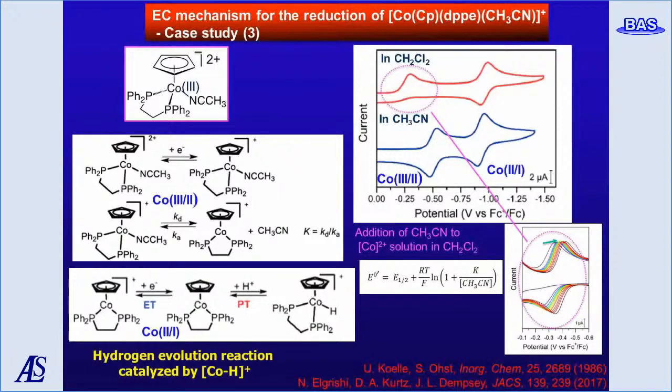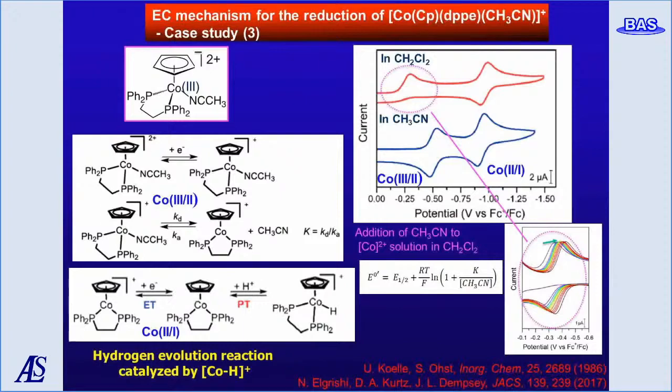The second reduction process occurred at the cobalt 2,1 unsaturated complex as shown in these equations, which induced protonation to form a cobalt hydride complex. Therefore, the electrochemical behavior of this cobalt complex can be interpreted by electron transfer followed by ligand loss, and electron transfer to the unsaturated cobalt complex.